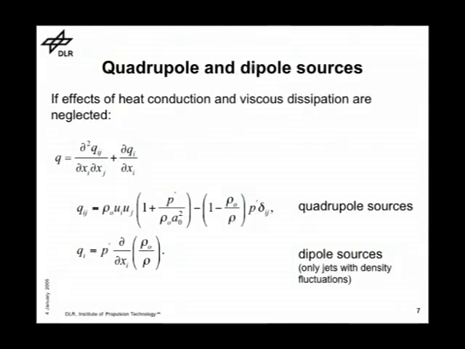In that case we get two terms. One term is the normal quadrupole noise source. This leads to the well-known U to the 8th law. And the second term are dipole sources. You can see that because it is only there if the density is not identical on both sides of the shear layer, these dipole sources only occur with heated jets or cold jets or whatever.